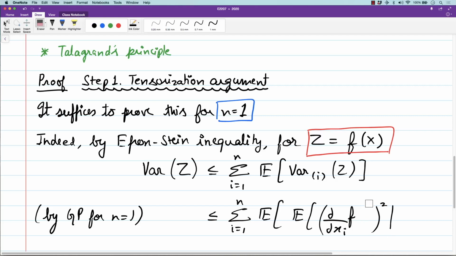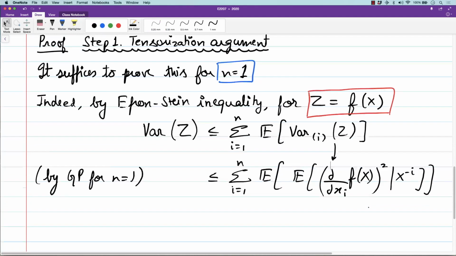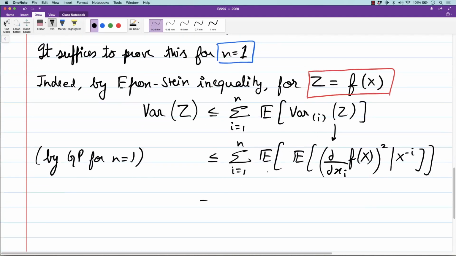So let me make it capital X. That's where you're evaluating this function, and you fix all but the ith coordinate. So this expectation is this. Okay, so we have just applied a bound here, and you have to convince yourself that this bound is Gaussian Poincare for n equal to 1. If this is true, then the expectation of this conditional expectation is just the expectation.